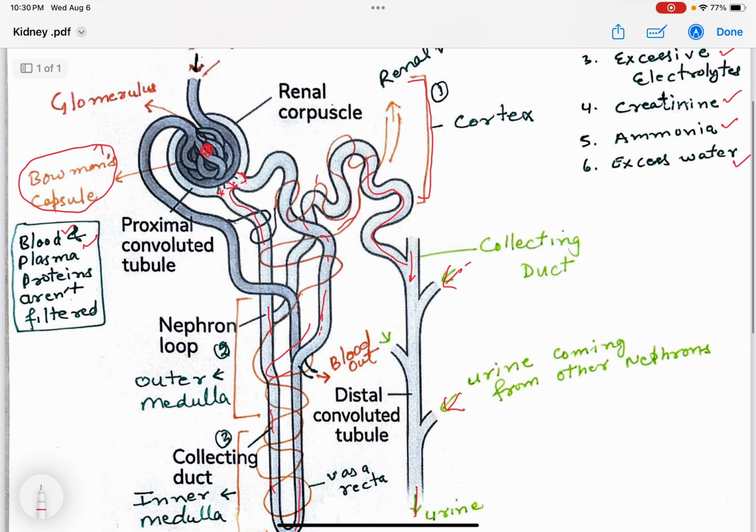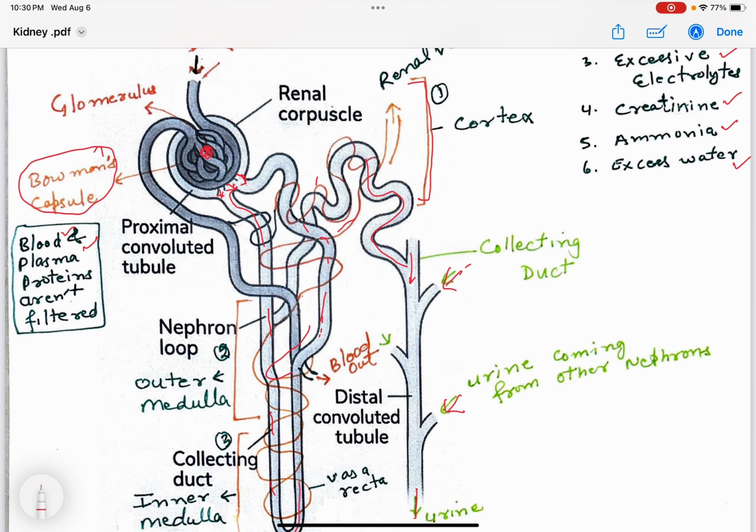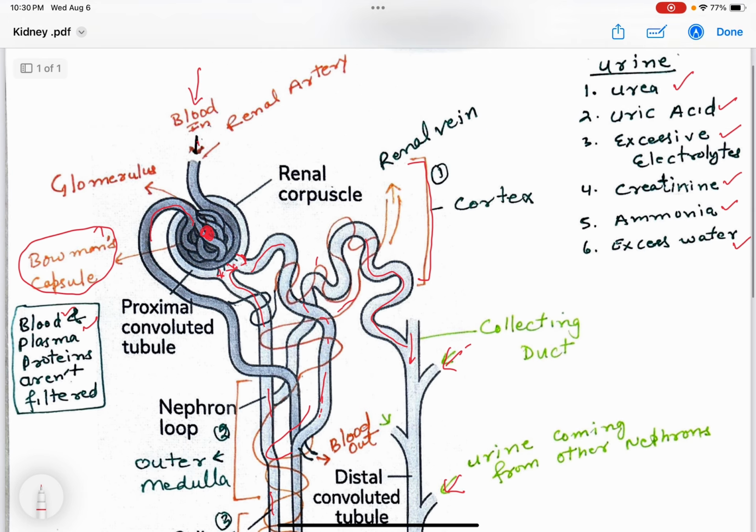So let's go back to the filtration part. In this Bowman's capsule, under high pressure, the contents get filtered here. This was the blood coming in through the renal arteriole, and this is the blood coming out as renal vein.